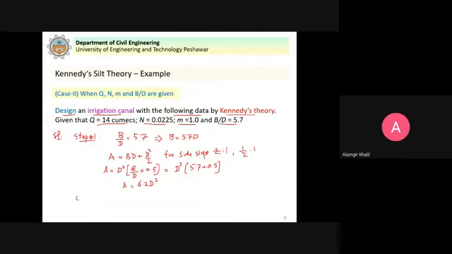Step number 2: we have the critical velocity in terms of depth of flow. So V is equal to 0.55 m into D power 0.64.